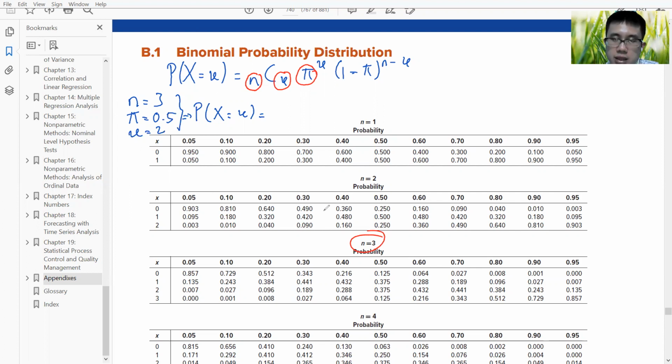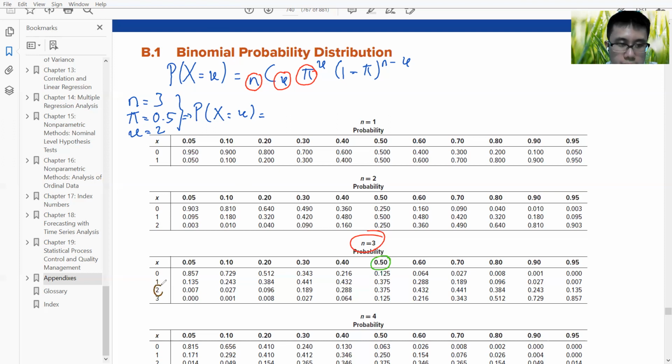The column here determines the value of phi. The value of phi we have here is 0.5, and then we find the value of little x. Here the value of little x is 2.